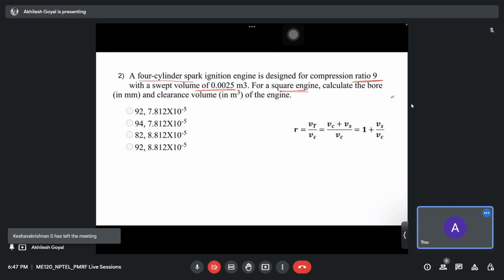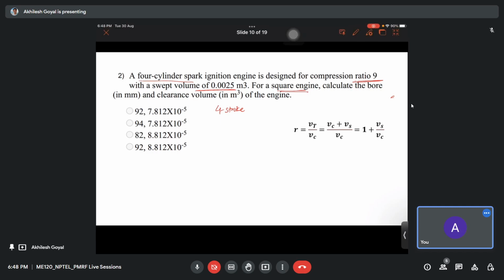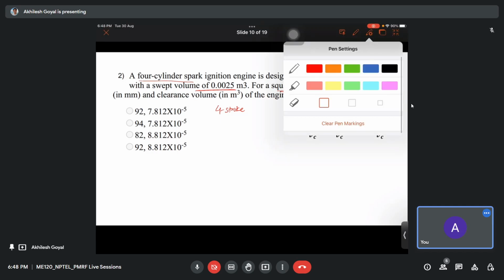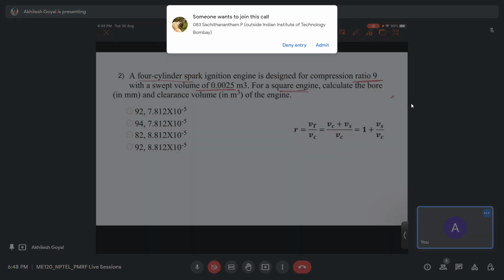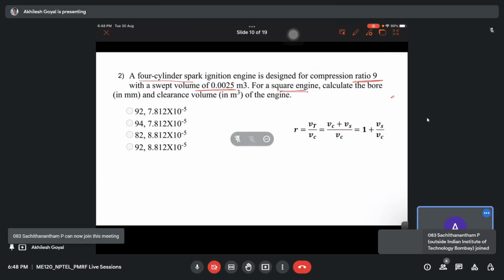Here you can see four pieces of information are given. It is a four stroke engine, and the main information here is that it is a four cylinder engine.